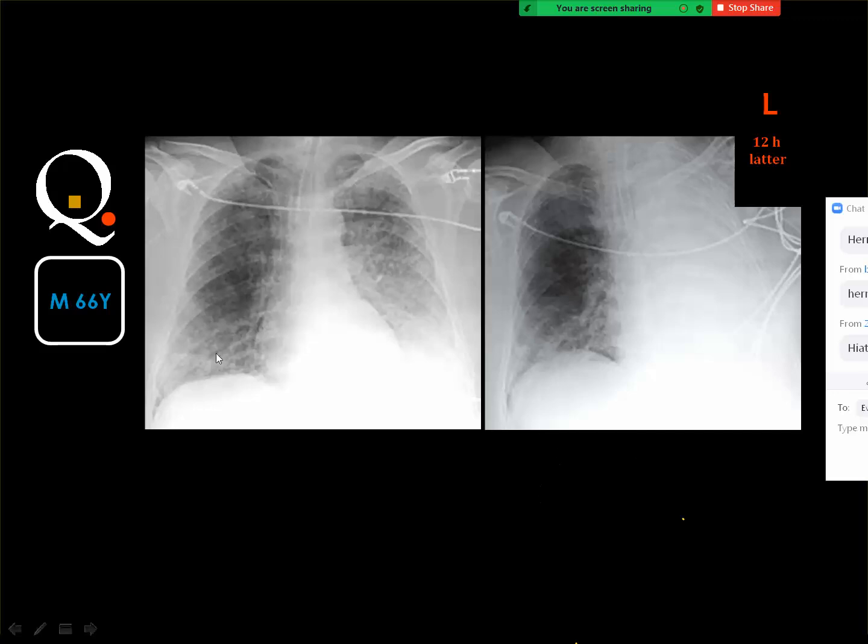Then this case, this male is 66 years old with a chest X-ray like this, and this chest X-ray was obtained 12 hours later based on deterioration of the respiratory, or let's say the progression of breathlessness.